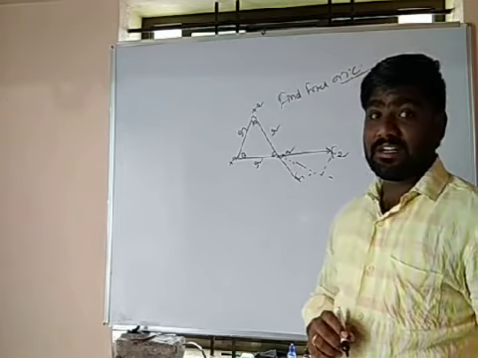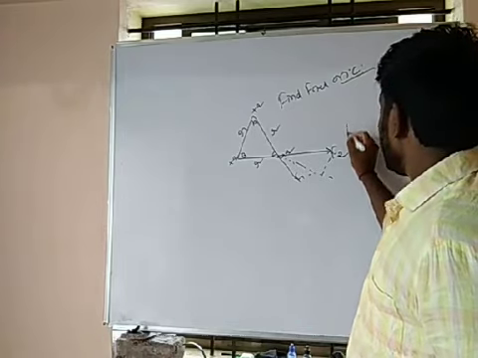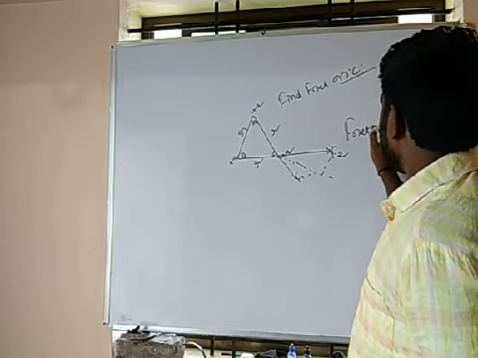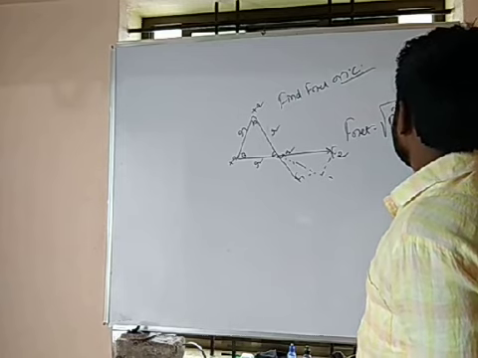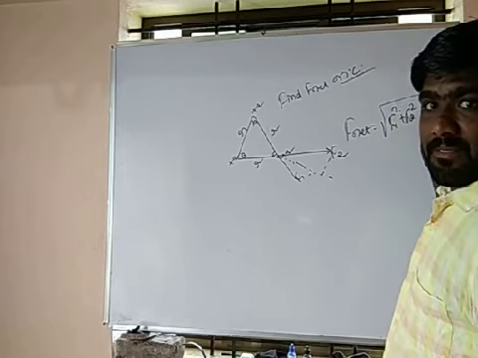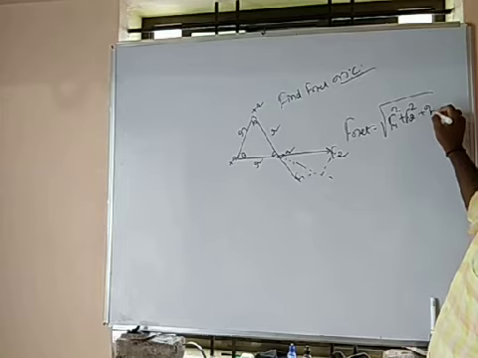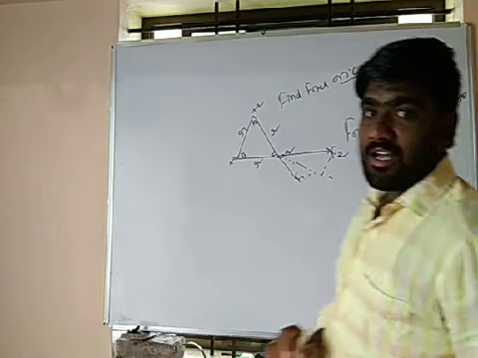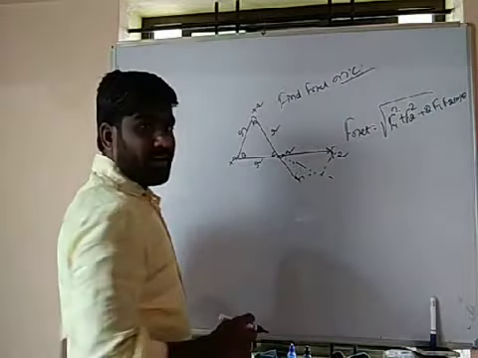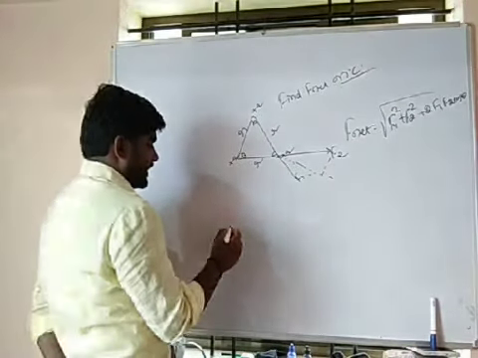So how can the resultant be calculated? F net is equal to root of F1 square plus F2 square plus 2 F1 F2 cos theta, because of the addition of two vectors.